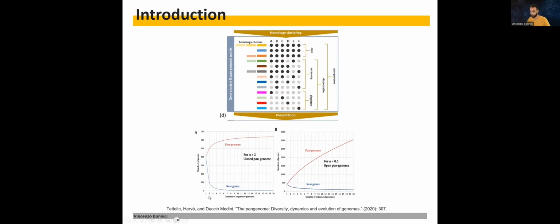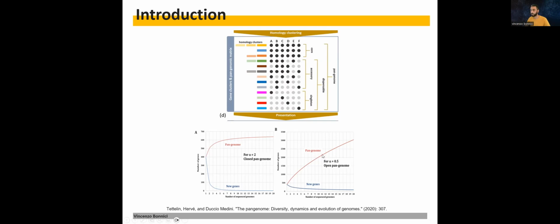In fact, here we can see that usually, on increasing the number of genomes that we put in our analysis, the number of new genes decreases dramatically. So in this case, on the left, we have a study in which we can consider the pangenome closed, because there is a plateau on the line which shows us the number of found gene families.